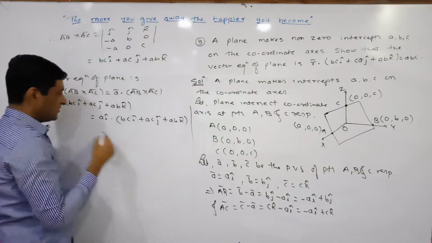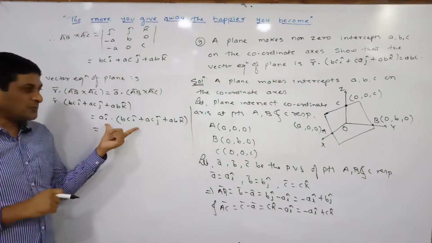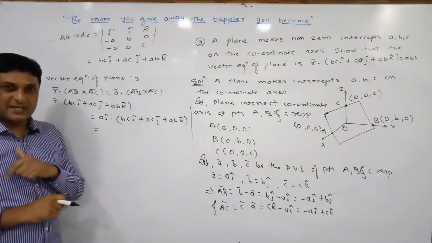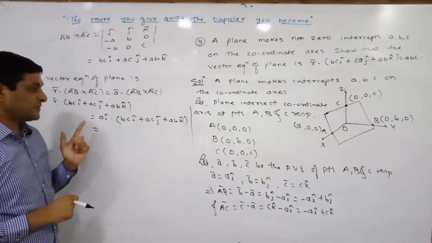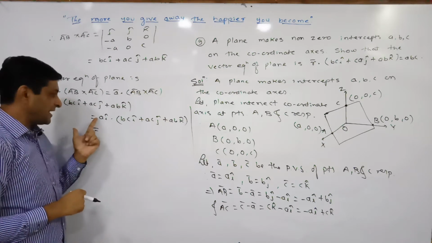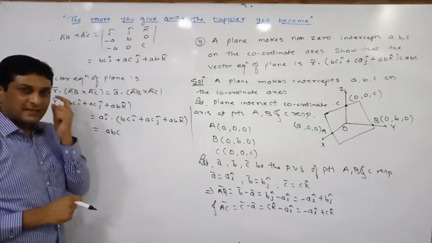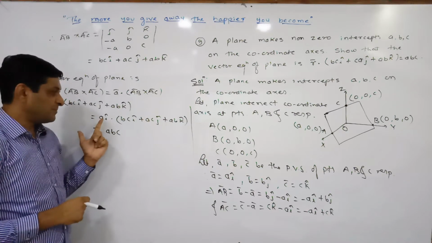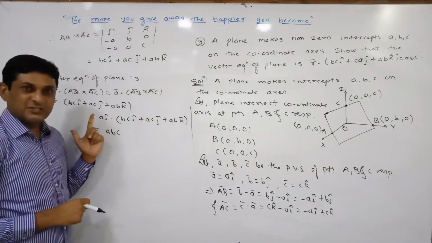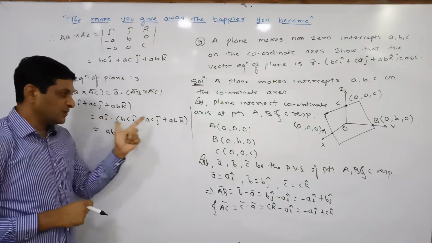Okay, so now we are finding the dot product of these two vectors which are in Cartesian form. In this case, first take the product of the coefficients of i cap, that is A into BC, which will be equal to ABC. Then take the product of the coefficients of j cap, but here the term of j cap is absent, means its coefficient is 0. 0 into AC is 0.